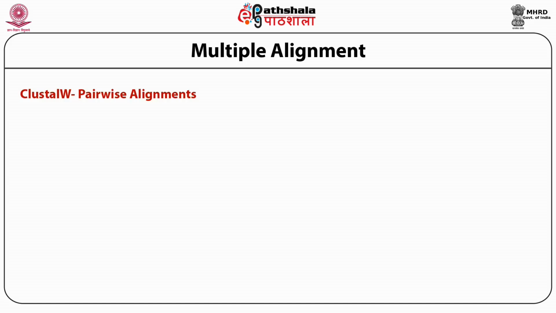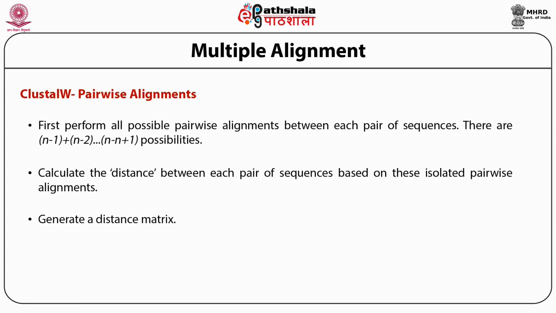What it does, first, given n sequences, is align them pairwise. That is what you do: n times n minus 1 divided by 2 pairs that you can create out of n sequences, and you align them pairwise. Now given these alignments, you try to create a matrix where you have the alignment score of each sequence with all the others. Let us call this the distance matrix.